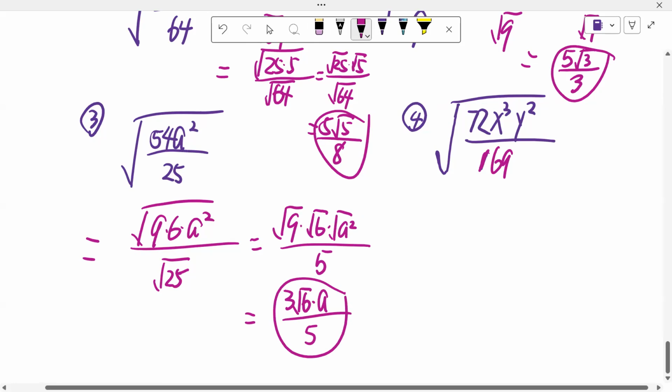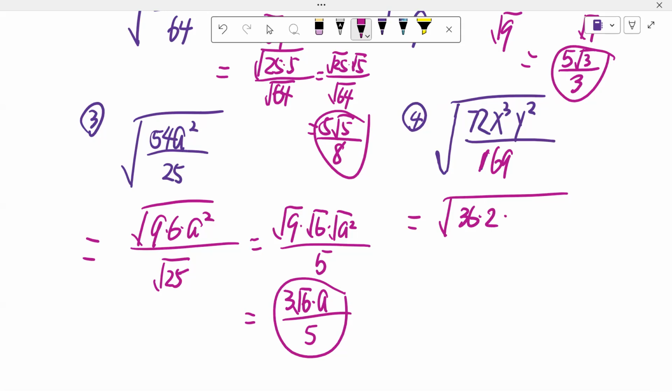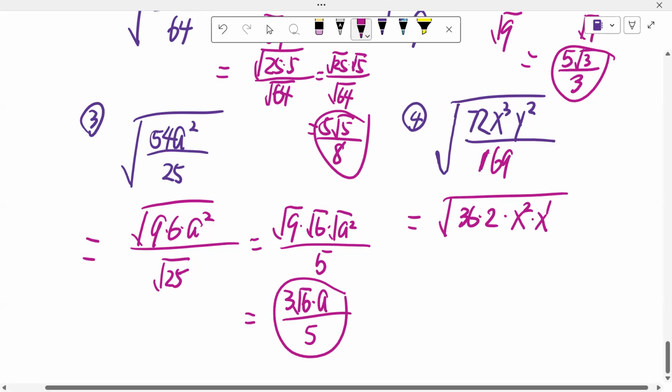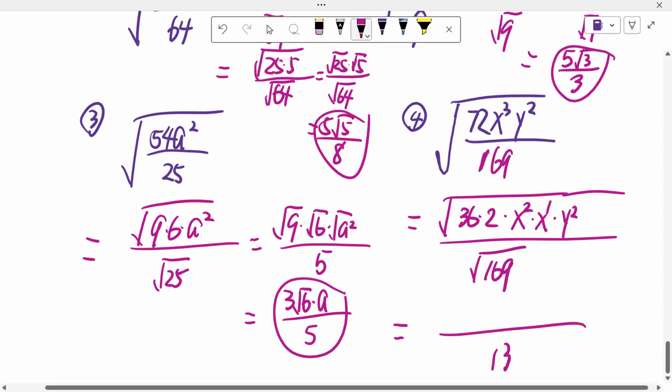Okay, and then the very last one. Read the 72 as 36 times 2. 36 is the maximum perfect square that goes into 72. x cubed will be x squared times x to the first, and y squared. On the bottom is the square root of 169, which is 13.